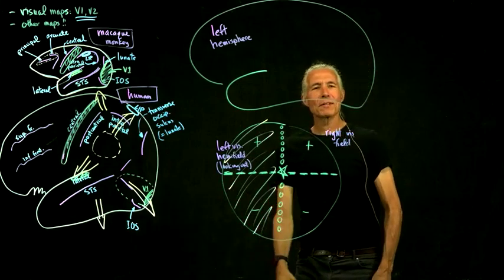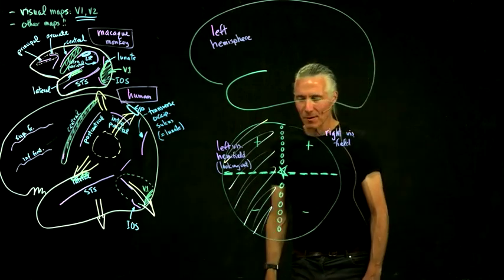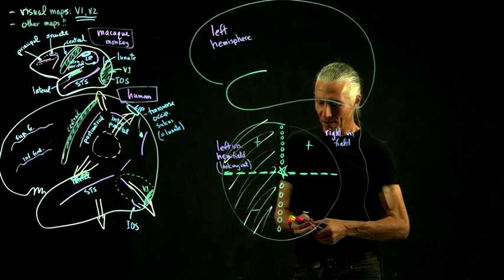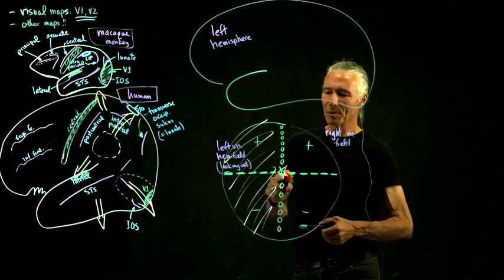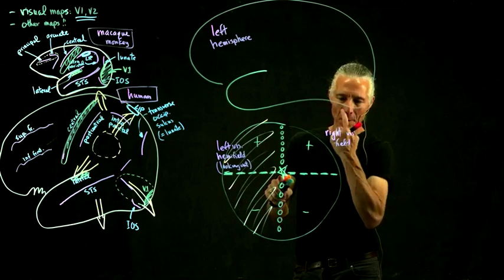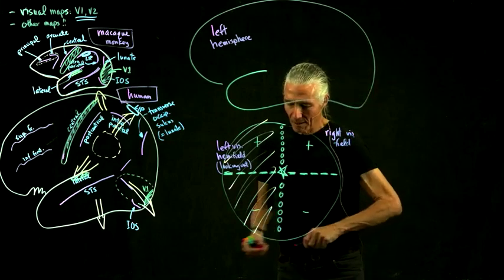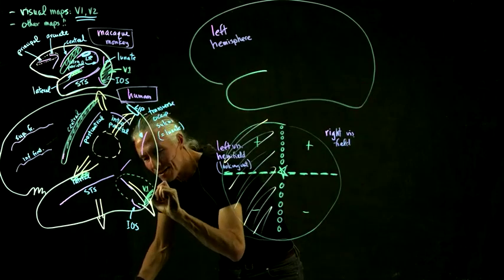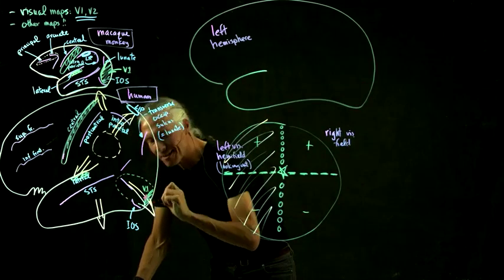Okay, so now what does the actual map in V1 look like on the cortex? Let's draw that map using these same symbols. I'm going to pull it so that the actual center of gaze is right here at the very edge of the brain.